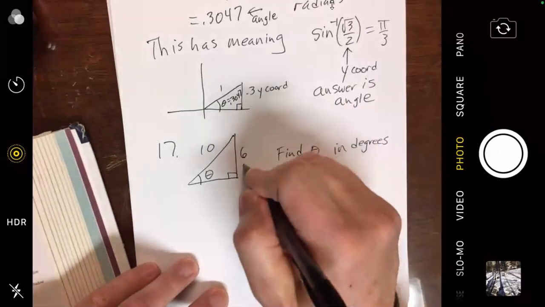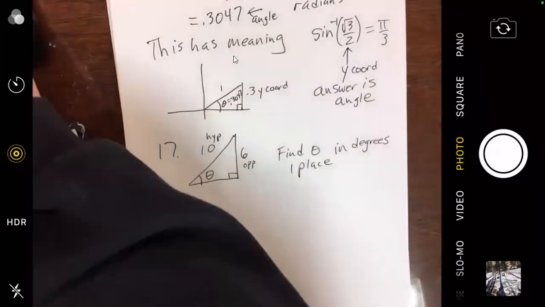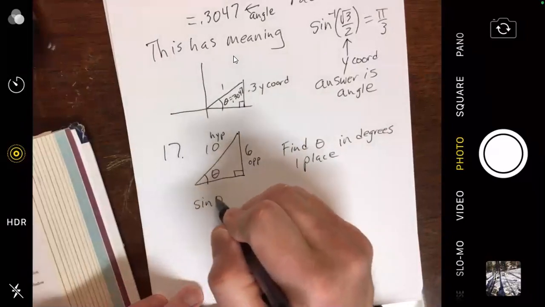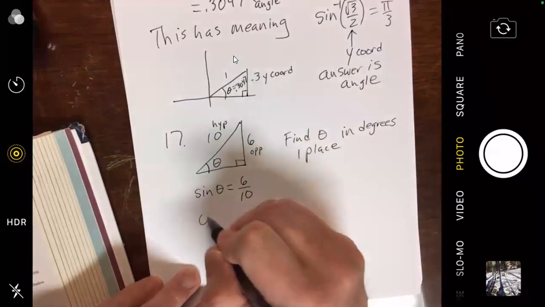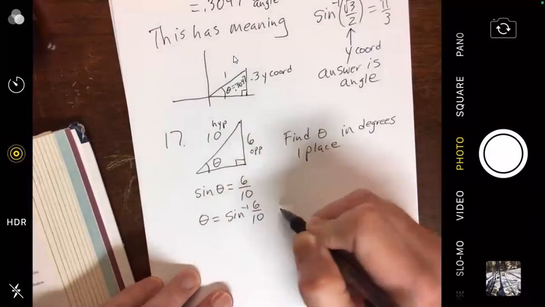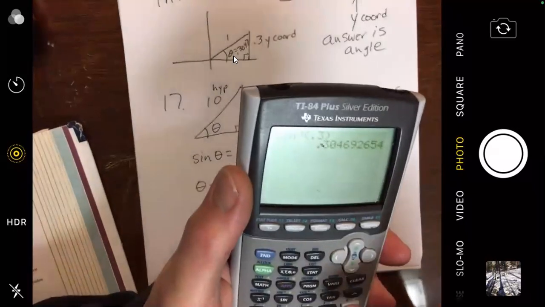Well, again, you're given opposite over hypotenuse. So that would be sine of theta equals 6 over 10. Theta would be the inverse sine of 6 over 10. I'll switch back to degrees.